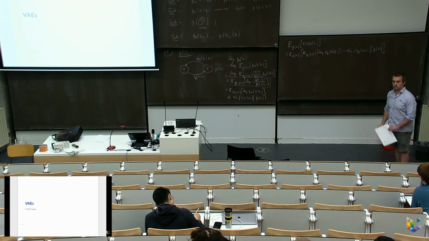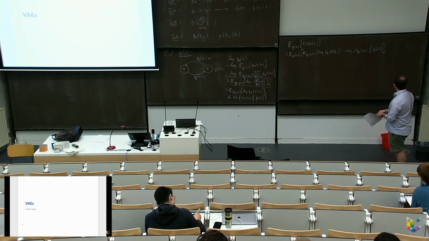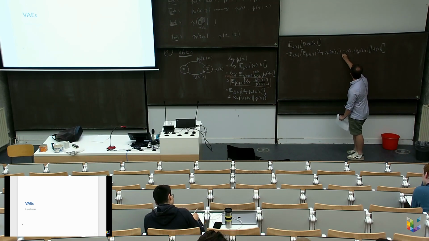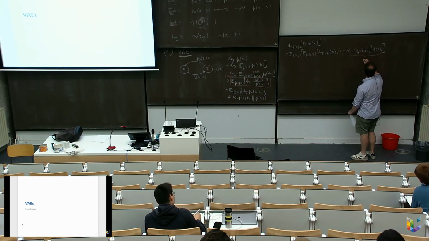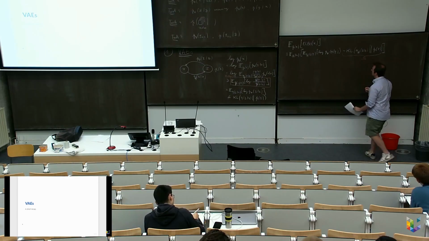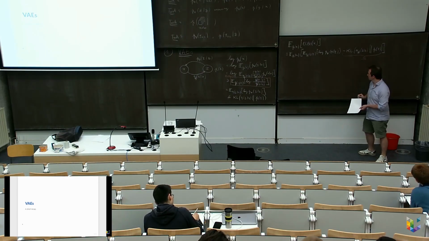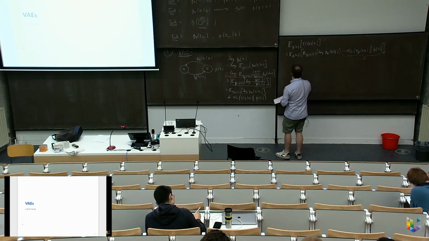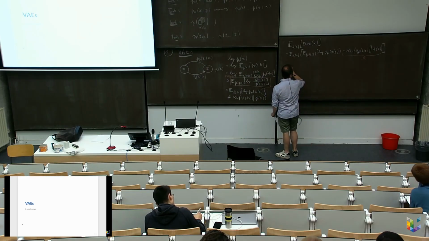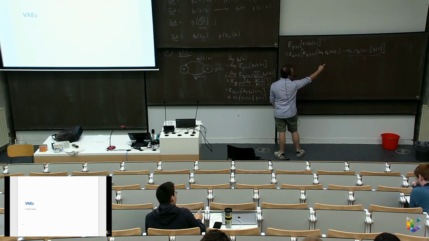Now I will look at this term, and I will call that omega, including the minus sign there. So omega, and when I say omega, it's omega in expectation over p of x.